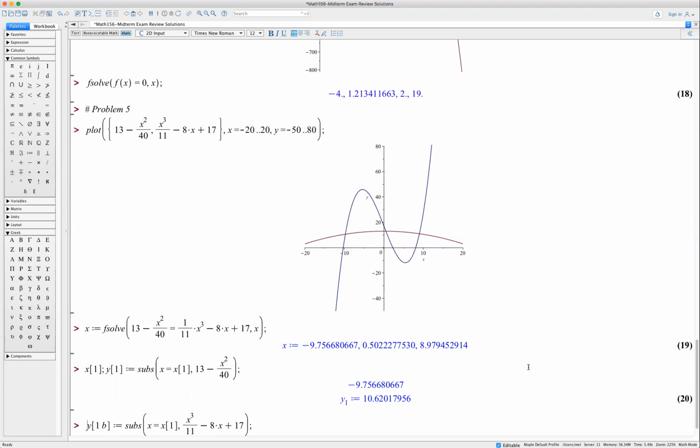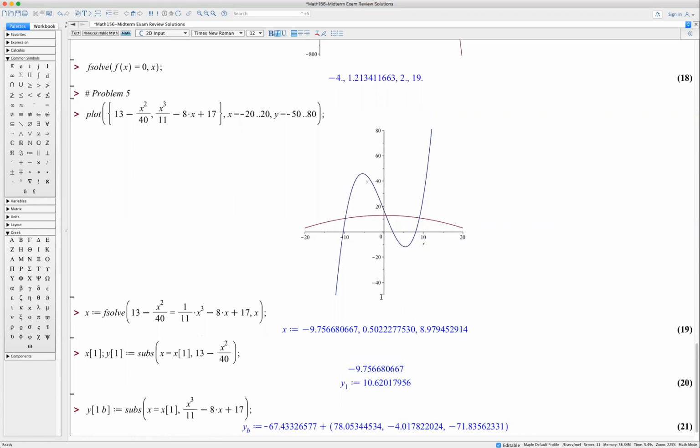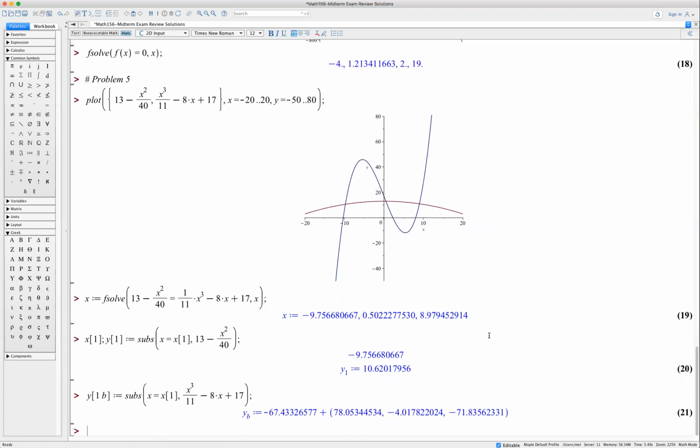So if I substitute into the cubic, oh, it's because x is, well, let me do it differently.